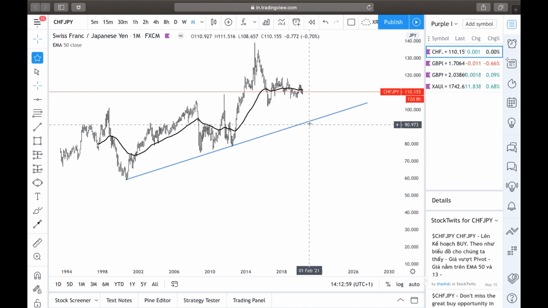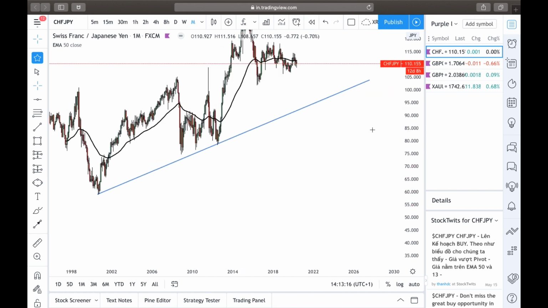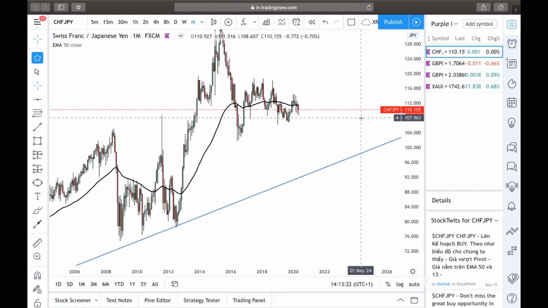If this does break down to this level, like the 90 level, that's still bullish because it's above this point here. This is the last higher low. So if this finishes here, then it's higher than that, so it's a higher low. That's what we need to know on the bigger time frame. It's nowhere near it, it's like 1,500 pips away, so it's really irrelevant for the moment.